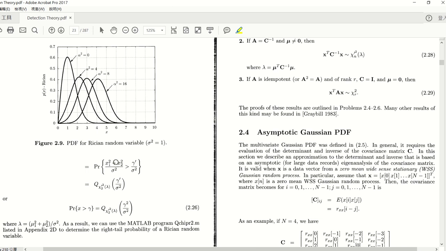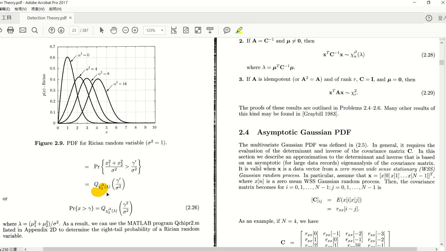Then again, what is this? This is actually a non-central chi-square with degree 2. Recall the chi-square is a summation of Gaussian squares, so this is a degree 2 non-central chi-square. Now we have this with lambda, and for this to be larger than that, it will be Q, because we have defined this before.